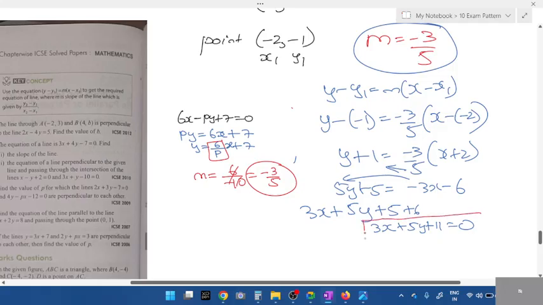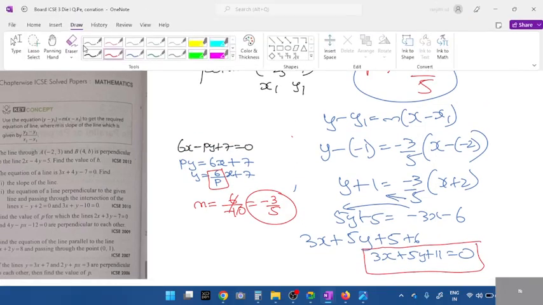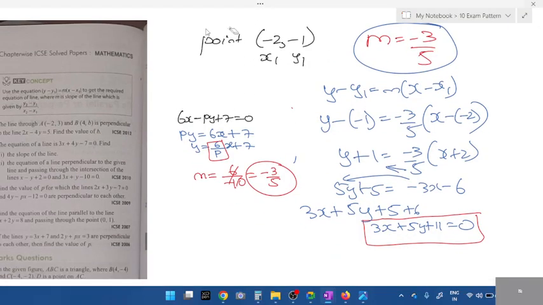Completed? Done? So maximum, even the toughest part also we have solved. If you solve another 4 mark, 1 or 2 questions, you'll understand. 4 marker question, they'll give you with the graph. We'll do that after break.